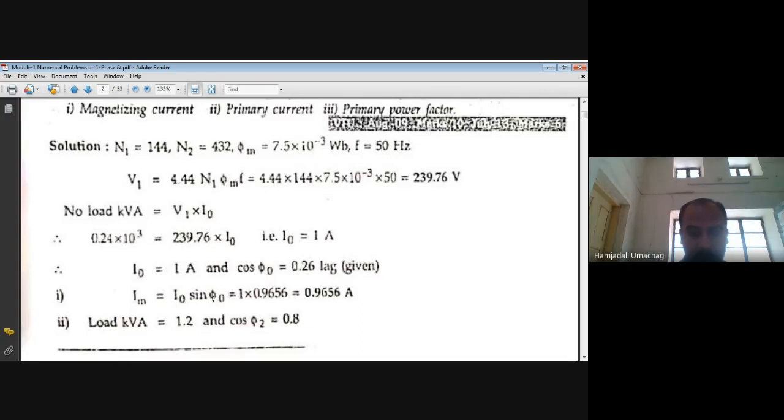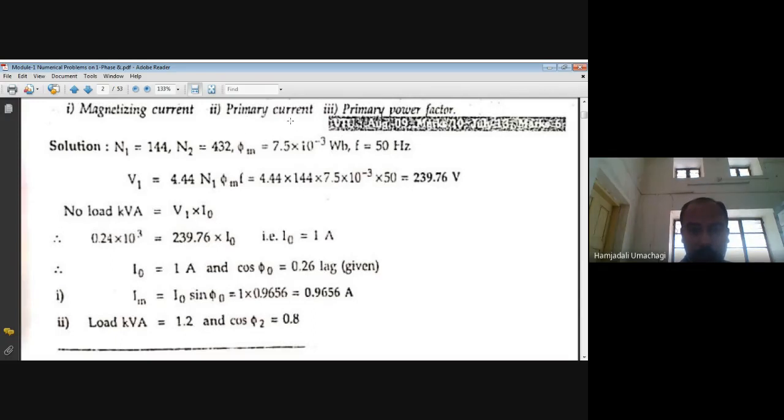In the place of phi naught, you take sine of cos inverse of 0.26. If you substitute all the values, 1 × 0.9656, the magnetizing current Im is 0.9656 ampere. Fine.